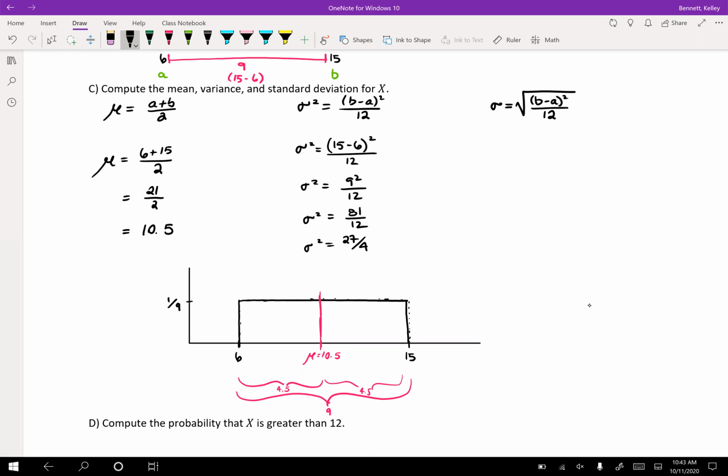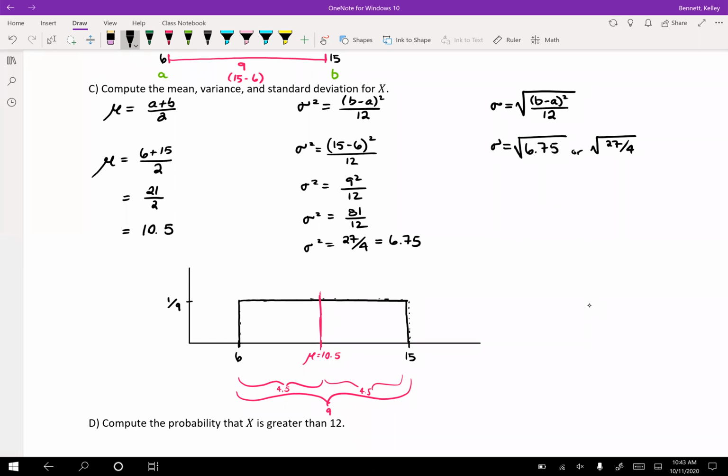So as a reduced fraction, 27 over 4. As a decimal, 6.75. And then I'm going to compute the standard deviation by just taking the square root of this. So this is going to be the square root of 6.75, or I could say the square root of 27 over 4.